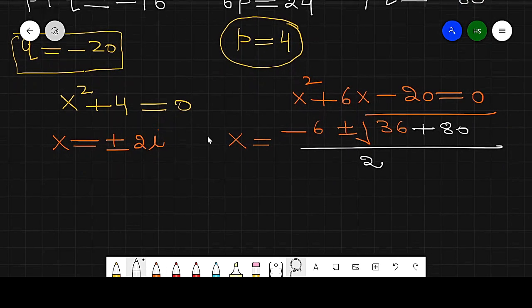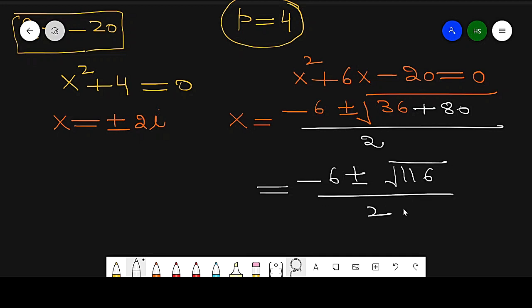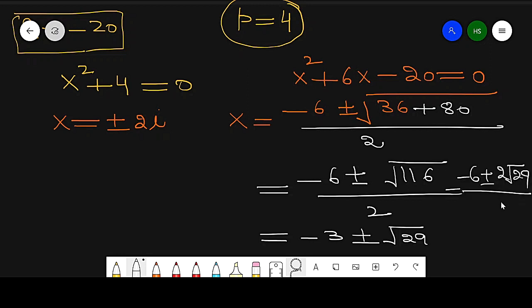So this can be written as minus 6 plus minus the square root of 116, over 2. Simplify it, so we get minus 3 plus minus the square root of 29, because it is minus 6 plus minus 2 square root of 29 by 2.